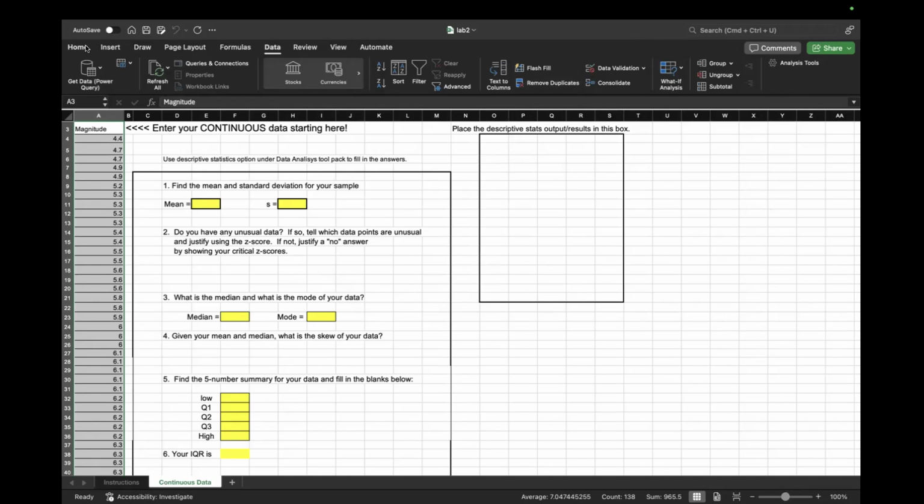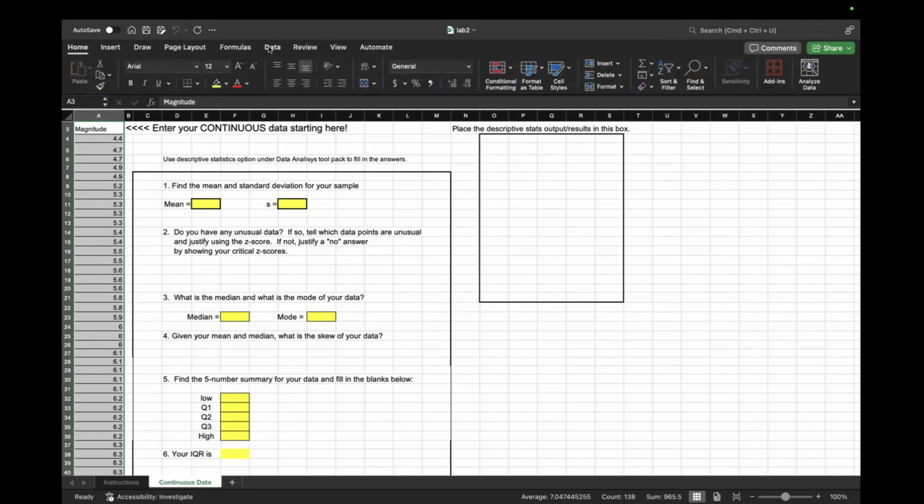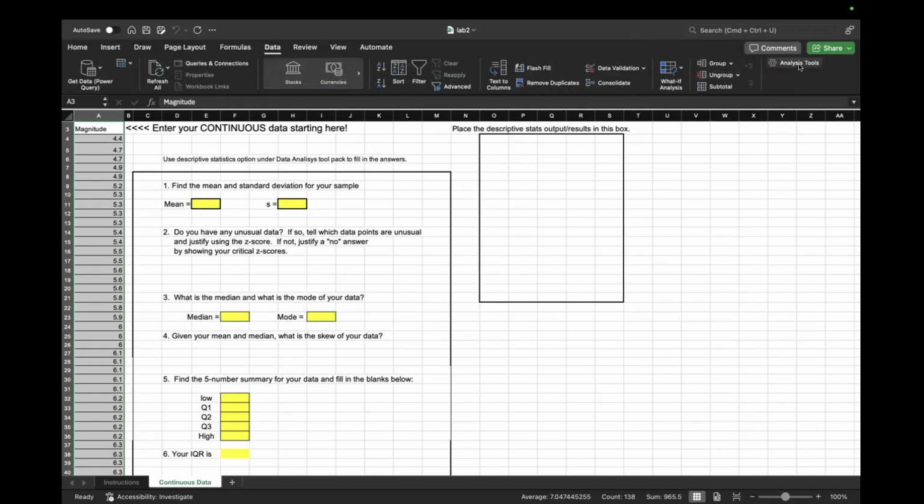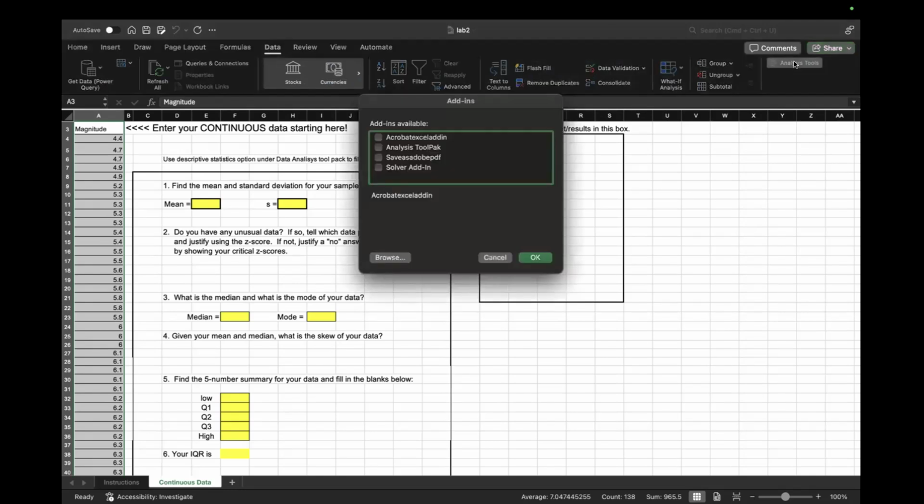When I click on Data up here at the top, this says analysis tools, but I don't see anything that has descriptive statistics or a data analysis tool here. So I need to turn it on. I'm going to click on analysis tools. Then I want to turn on the analysis tool pack.